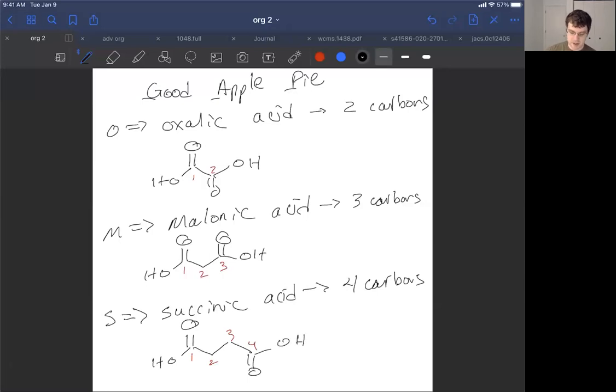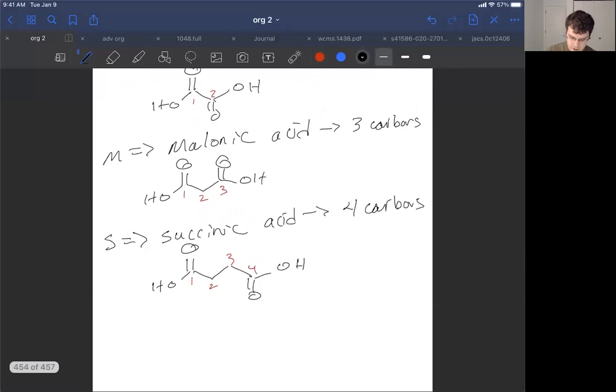So that's succinic acid. Now G is, gosh, okay, I got screwed up here. G is glutaric acid. I'm not going to draw that structure. Such good apple is adipic.